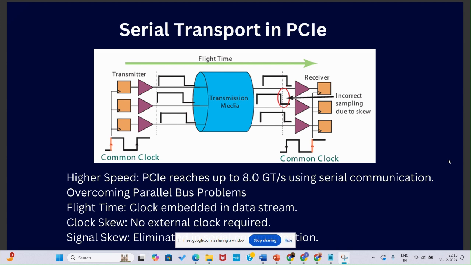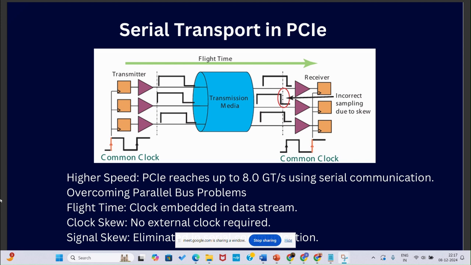In parallel buses, all the data bits should arrive together at the receiver. However, signal skew causes bits to arrive at different times, requiring the system to wait for the slowest bit, which affects the advantages of parallel communication.